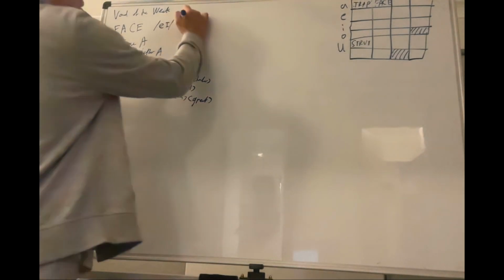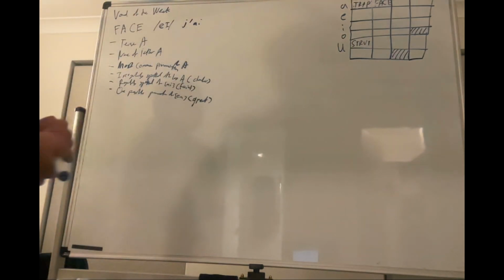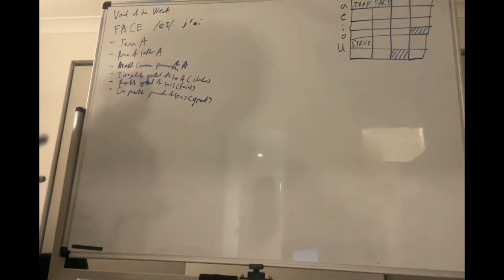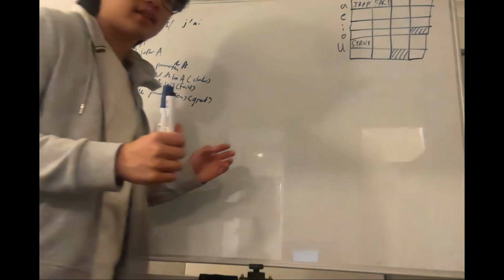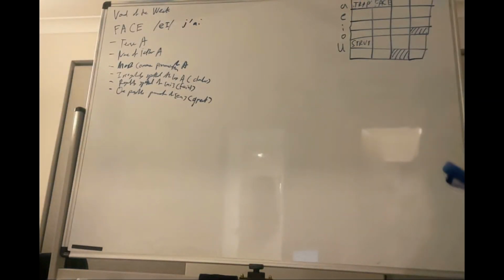It's present in words such as j'ai, j'ai. Now, you'll notice it's not quite I, it's not quite A, it's not J, it's j'ai.